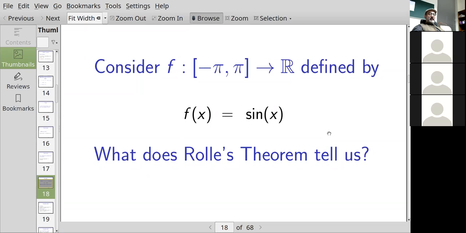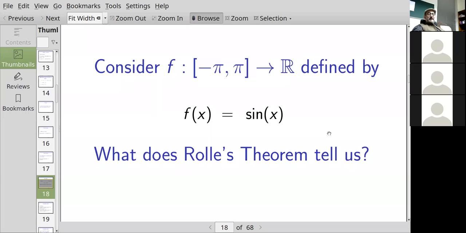Is the value of this function the same at -pi and at pi? Is sine of -pi the same as sine of pi? Sine of -pi is 0, and sine of pi is 0. So the value of the function is the same at the endpoints. Okay? So then Rolle's theorem says, it says what?